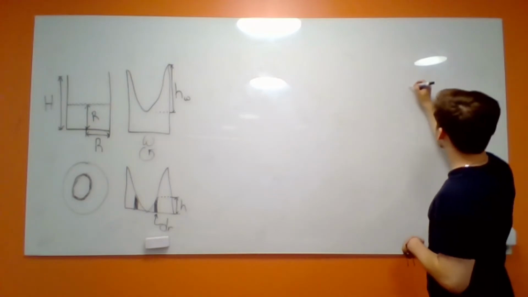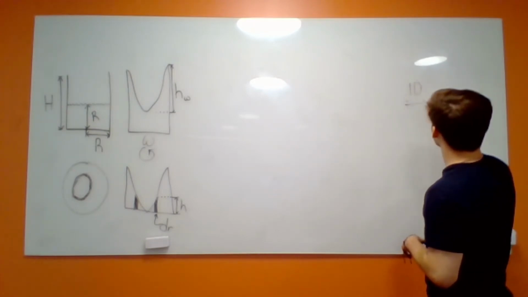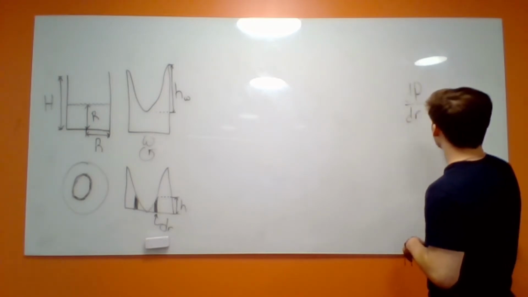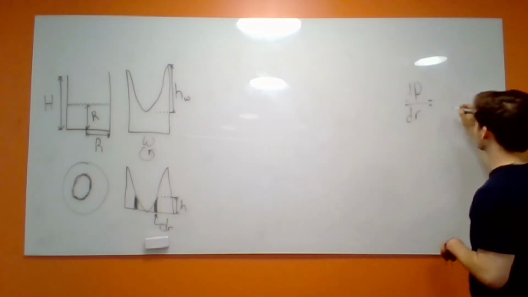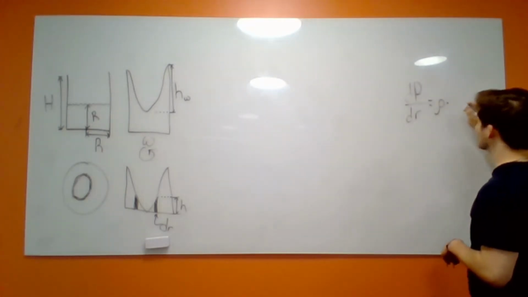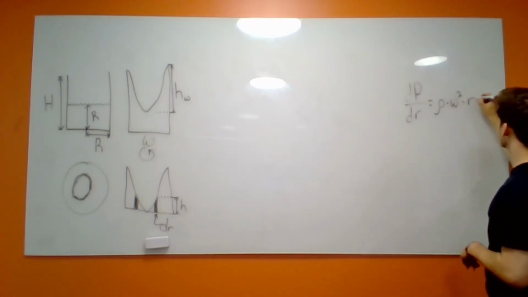We'll say the changing of pressure with respect to the radius is going to be equal to the density of our system, of our liquid, times its angular frequency squared times the radius.